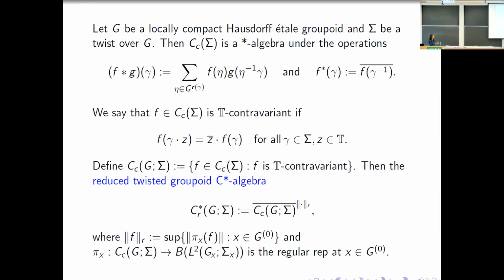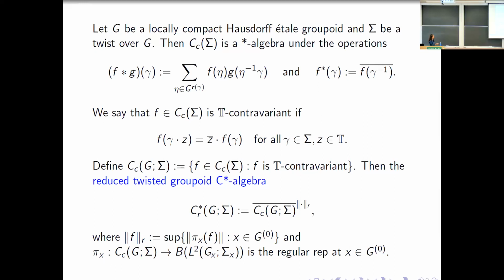If I pick up a continuous function, I say this function defined on sigma is T-covariant if the following condition is satisfied. This simply means that if I take a complex number acting on the groupoid element, then apply my function f on it, this coincides with the value of the function on the groupoid element multiplied by the conjugate of the complex number coming from the unit circle. That's what we mean by a T-covariant function.